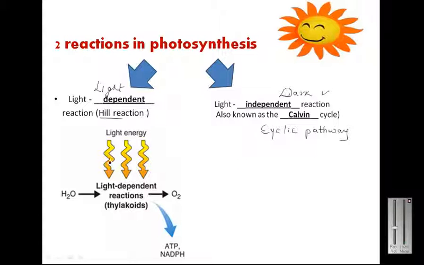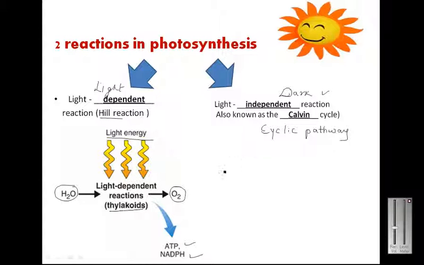Now as we see here, what happens in light dependent reaction? Let's know. The water gives out oxygen, ATP, and NADPH in presence of light energy. This reaction is taking place in the thylakoid region.